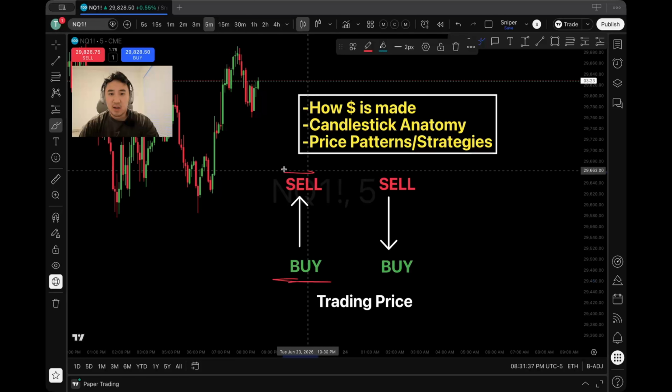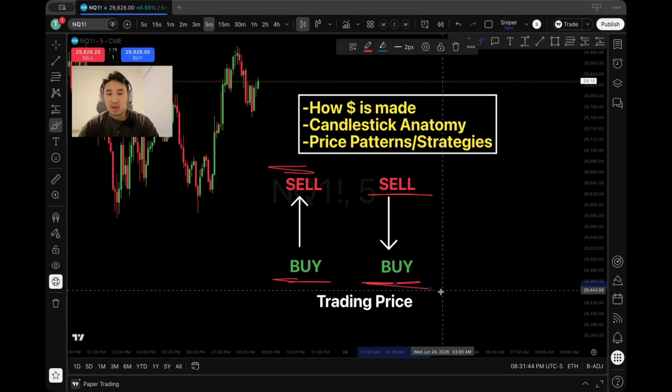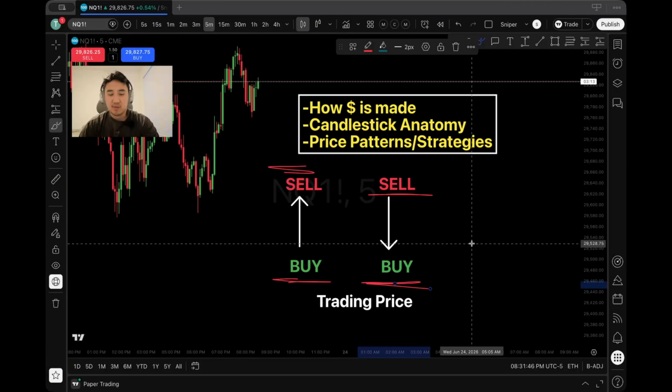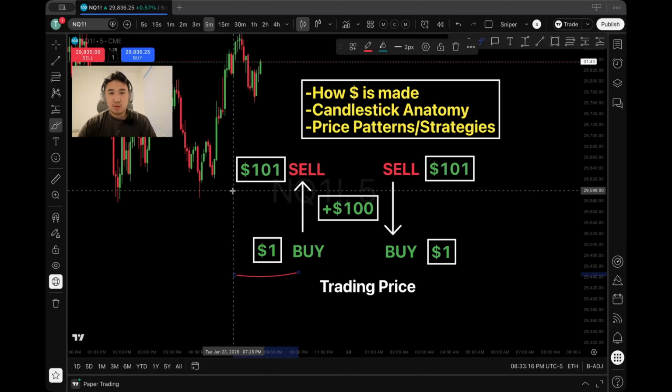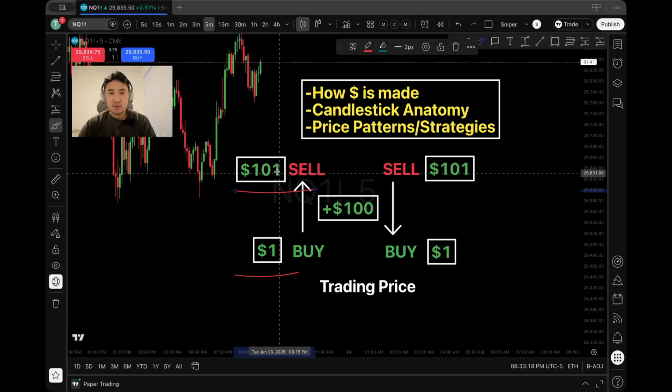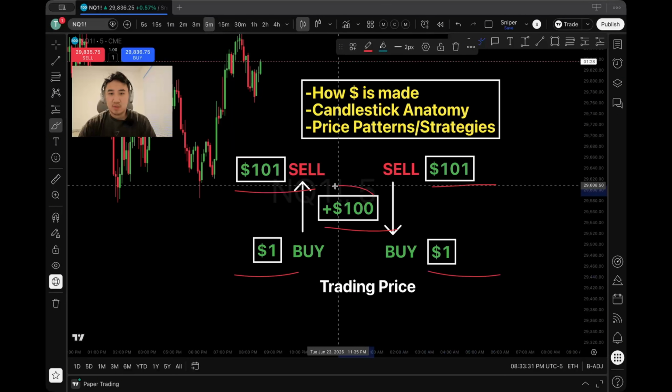Or you can sell something at a higher price and then buy it back at a lower price and still profit that difference. Let's just say you bought something for $1 and then you sold it at the price of $101. You will profit $100 there. Or let's say you sold something for $101 and then you bought it back for $1, then you profit $100 there.